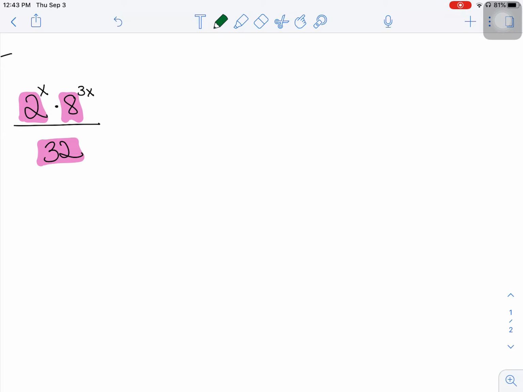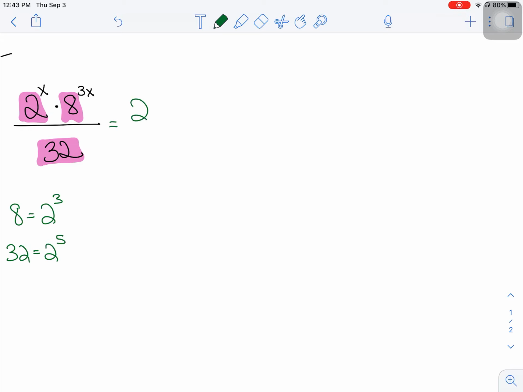And so I'm looking to see how can I rewrite a 2, an 8, and a 32 with all the same base. And I'm pretty sure that 8 is really 2 to the 3rd, and 32 is 2 to the 5th. Okay, and so what I'm going to do is a little substitution.